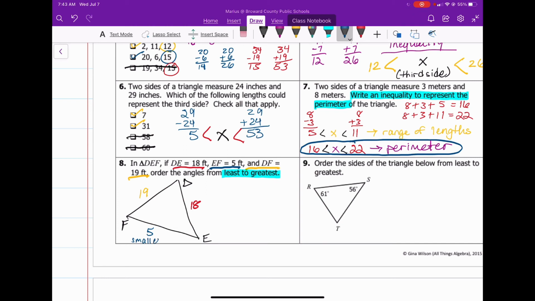We'll say shortest because we're talking about side lengths. So this is the shortest side. So opposite is the smallest angle. So smallest angle is angle D.